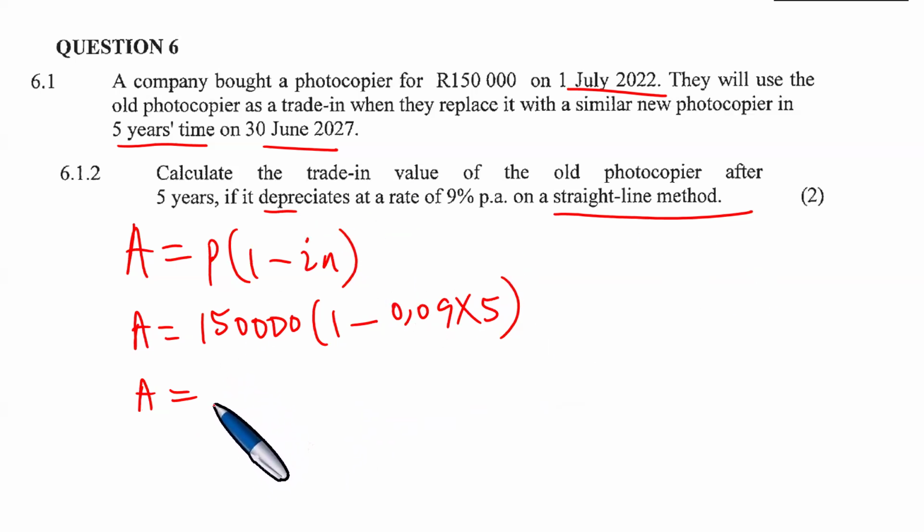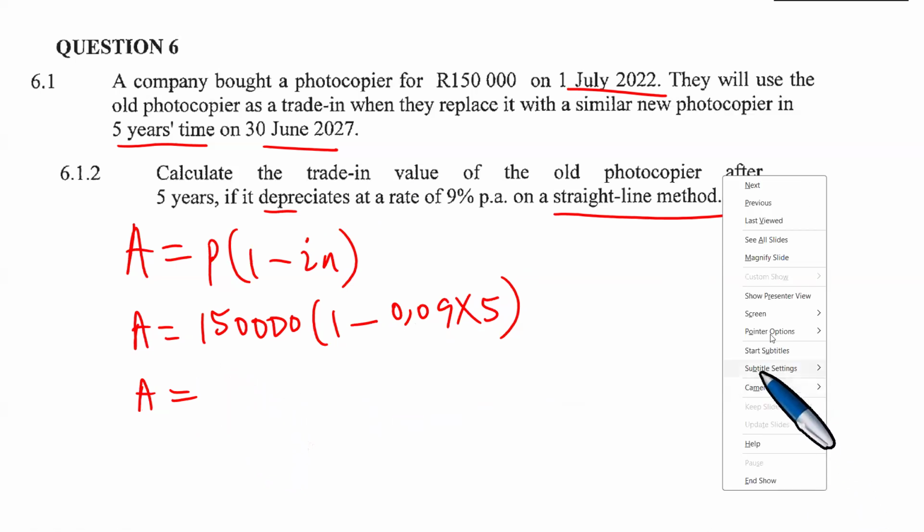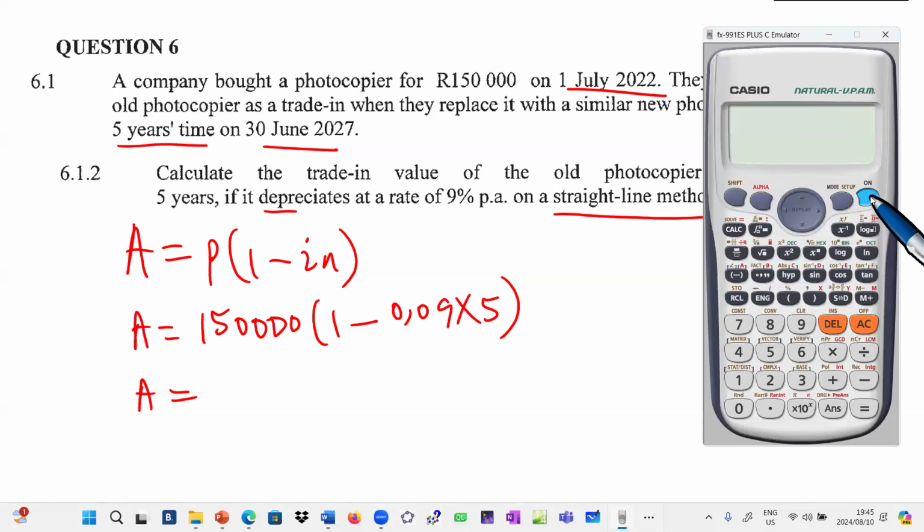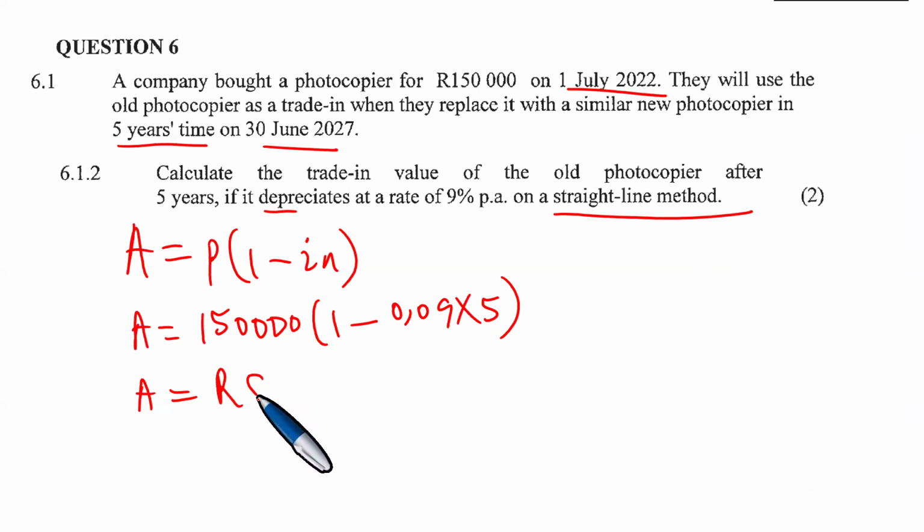If you use your calculator, it's going to be exactly the answer we're going to achieve. $150,000 times (1 minus 0.09 times 5), which is exactly 82,500. 82,500, and that is the answer.